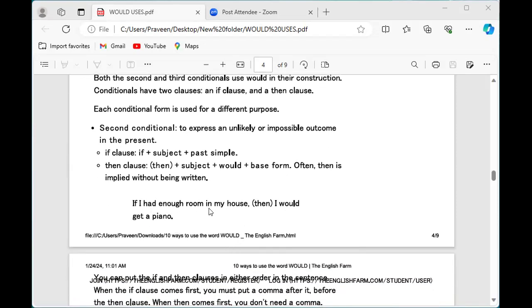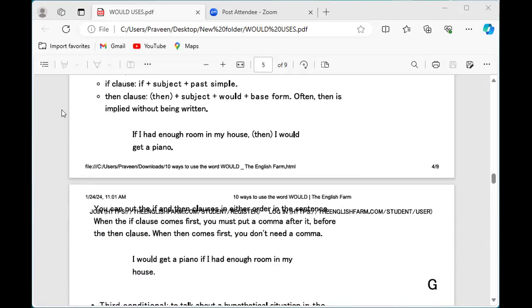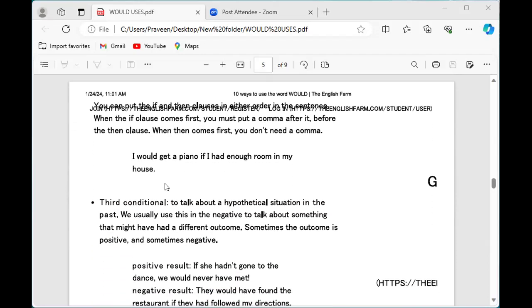If he had had enough room, he would have bought a piano. That is what it means. Since he doesn't have room and all, he didn't buy one. If I had enough room, then I would get a piano.